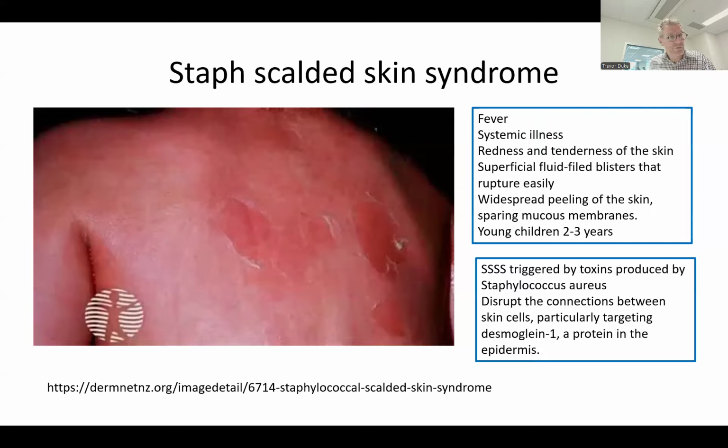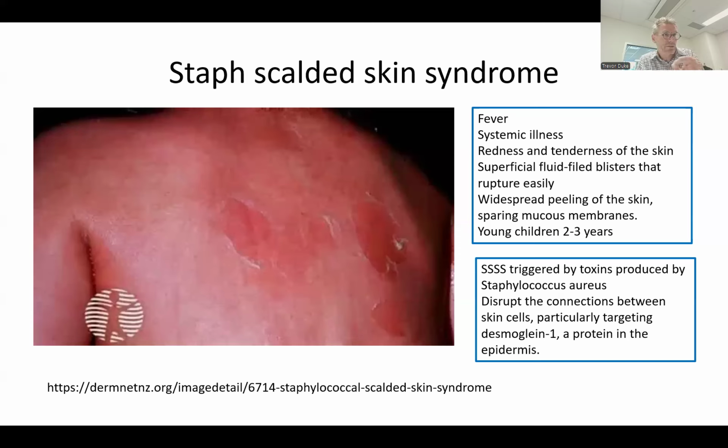It typically occurs in young children, so children aged 2 to 3 is the most common age group that gets staph scalded skin syndrome, but many children can get staph toxin mediated disease that looks very similar to this widespread red rash.